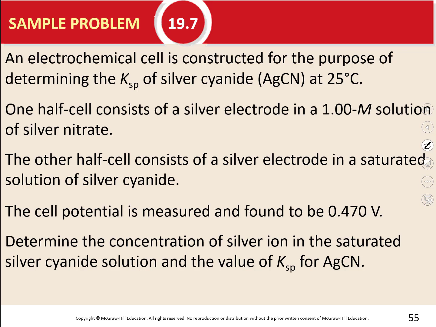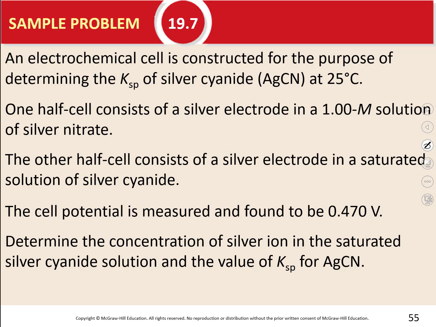We can measure it by measuring the cell potential of the ions. In this case, we're trying to find the KSP of silver cyanide. We can do this by finding what the concentration of silver ion is in a silver cyanide solution that's completely saturated, meaning you mix silver cyanide in there until nothing more dissolves.